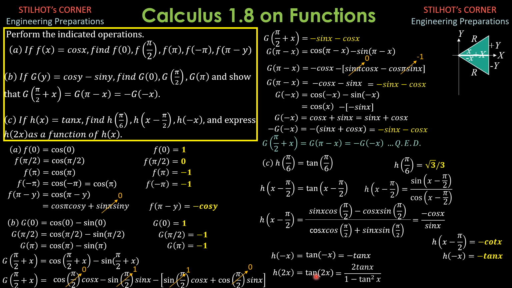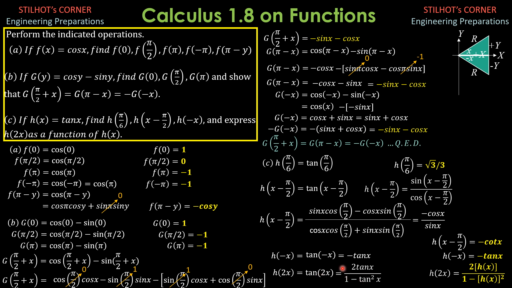But I suggest that you write this first as sine of x plus x, and the result is 2 sine x cosine x over cosine of x plus x, and the result in the denominator is cosine square x minus sine square x, because it is cosine of x plus x is cos minus sin.